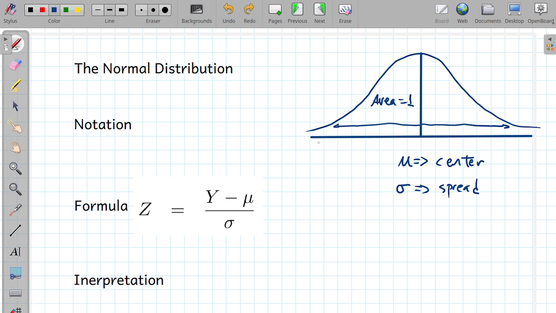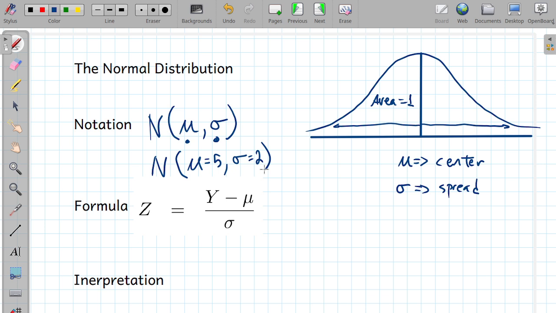Now, notation. We can call it the normal distribution, or the mathematical shorthand looks like this. Capital N represents normal distribution. Then we have the center, and then we have the spread. So an example: if we're talking about a population that has a center at 5 and a spread of 2, although usually we don't include the symbols, this would be more compactly written as 5, 2.